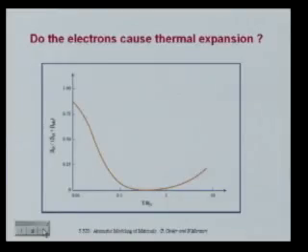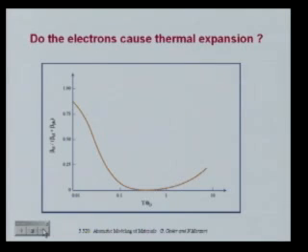And in oxides, if you change the valence of an ion, they change size because the orbitals are very localized. So there you can see a substantial effect of electrons on thermal expansion. But in many cases, we wouldn't worry about it.